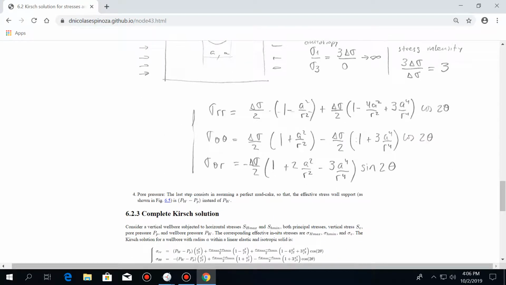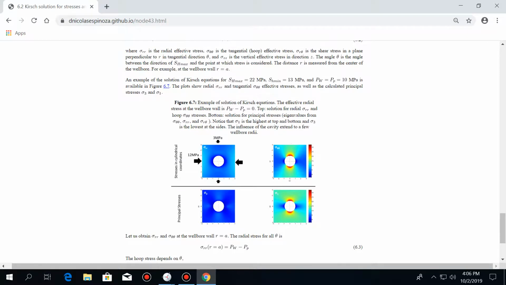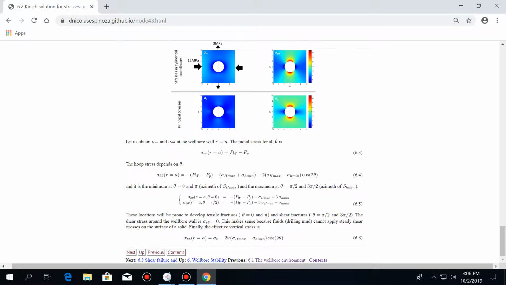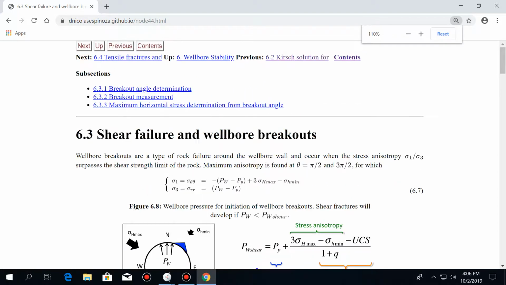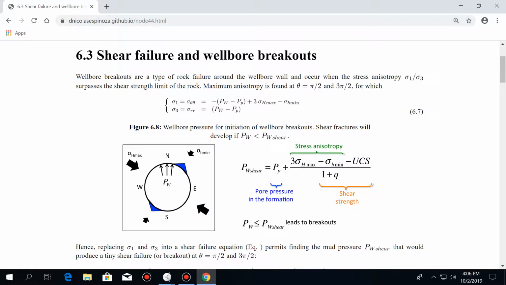All of those are part of the Kirsch solution, and you will see all that explained in the notes. With these equations, what we can do is later to check whether there is failure around the wellbore or not.